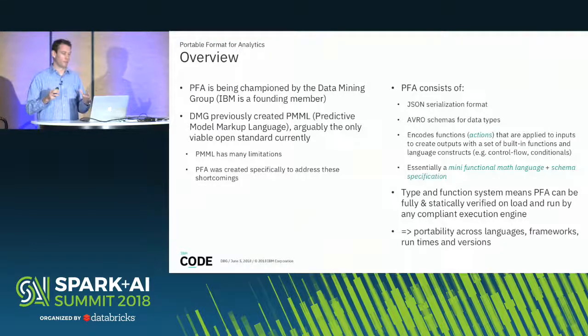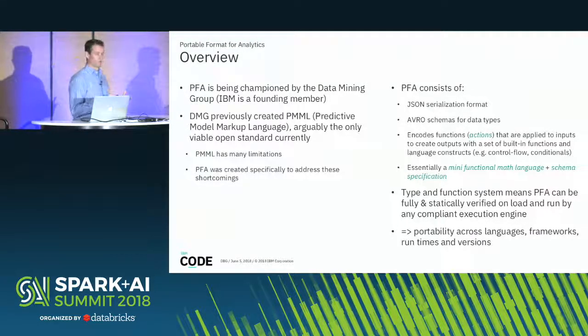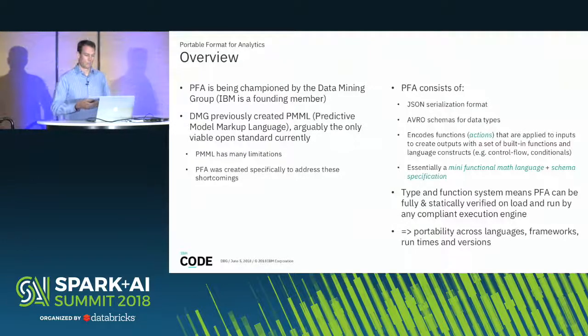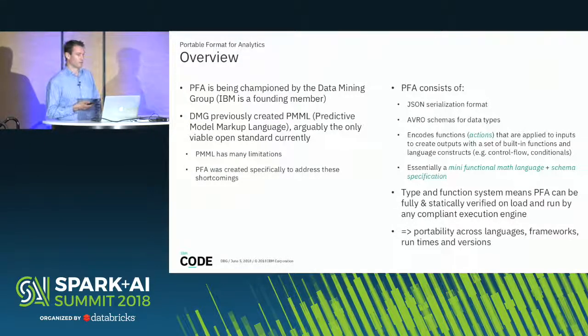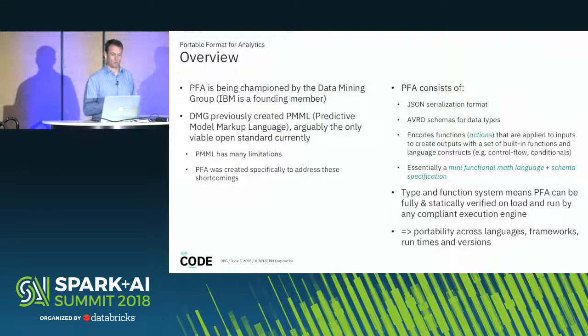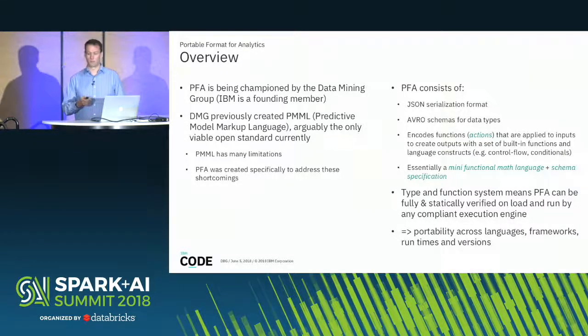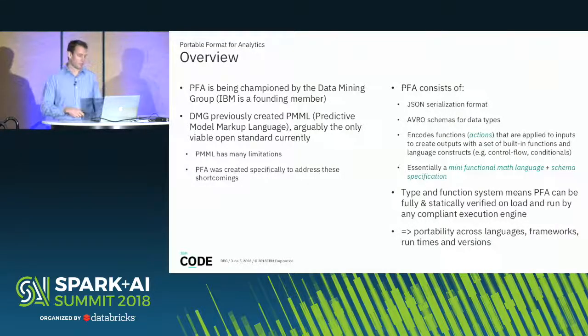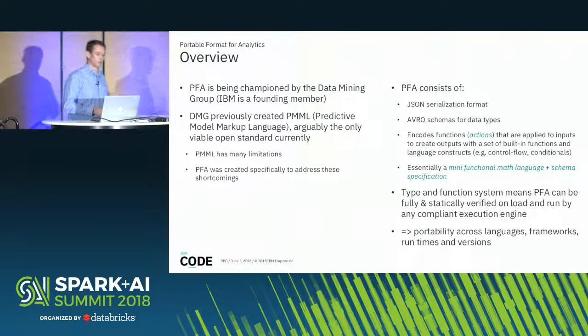So it really encodes the actual mathematical or linear algebra transformations that you need to apply. And because of the type and function system, PFA documents can be fully statically verified at runtime, and they can be scored in any compliant execution engine. So what this means is that you have true portability across languages, frameworks, runtimes, and versions.